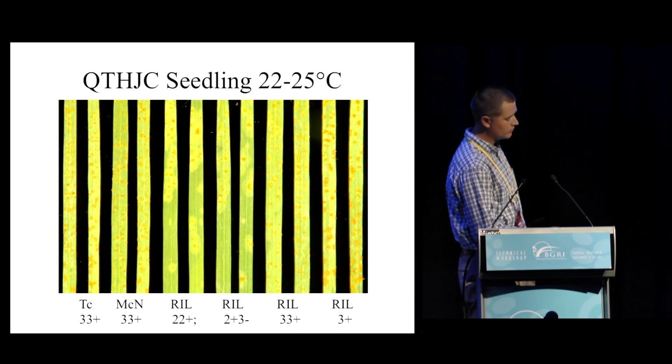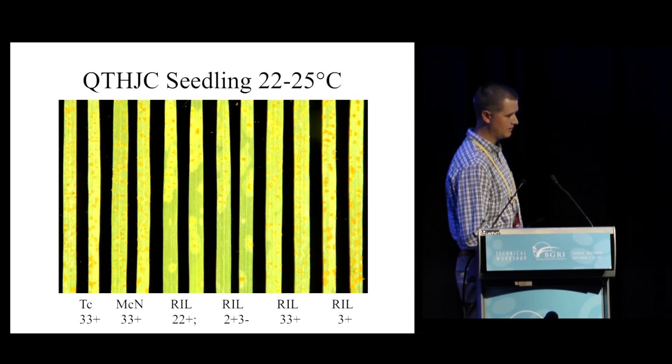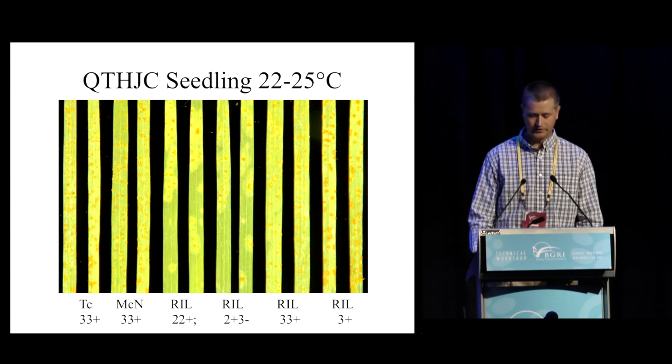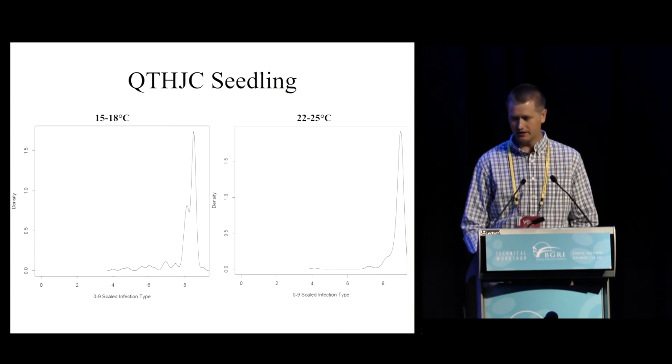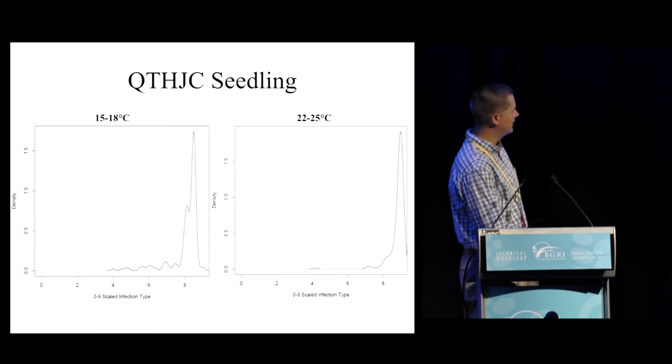And so this is interesting because it suggests that there's also some transgressive segregation for seedling resistance, which is very interesting. And when you look at the entire population to race QTHJ, you see that the vast majority of the population is quite susceptible to race QTHJ, but there are a few individuals that have lower infection types.